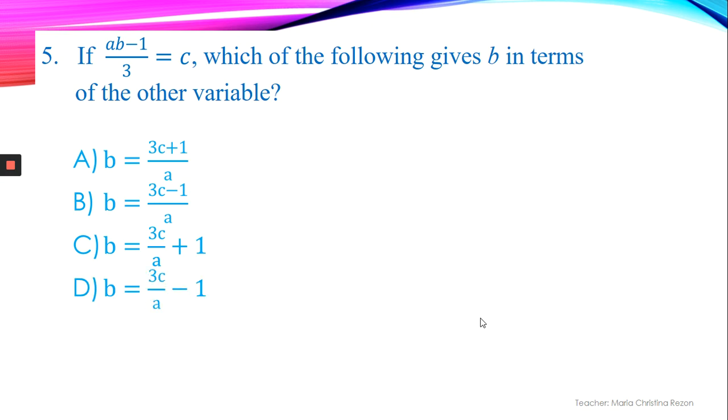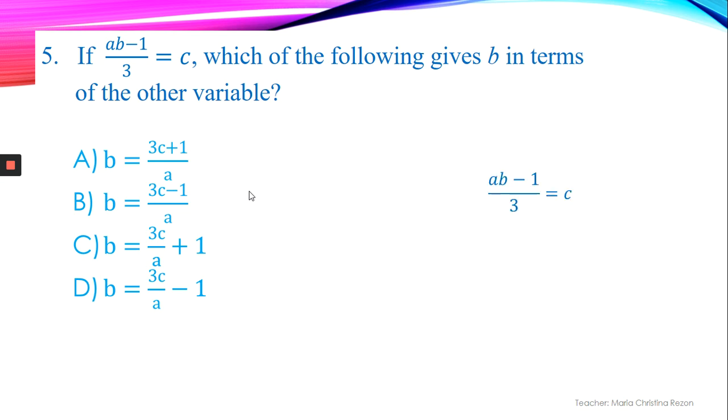Let's try to isolate B on the left side of your equation, and the rest of the terms to the right side of your equation, so that it will be B in terms of the other variables.